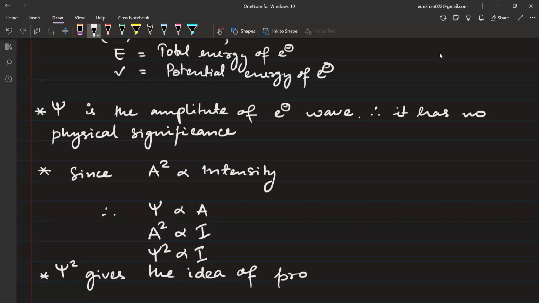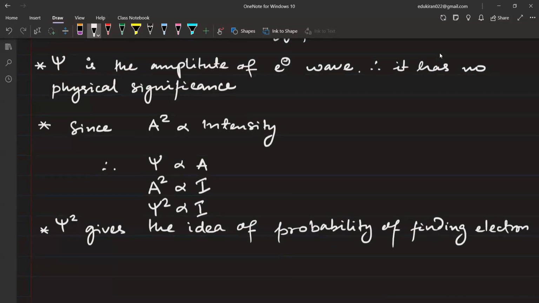probability of finding the electron per unit volume.